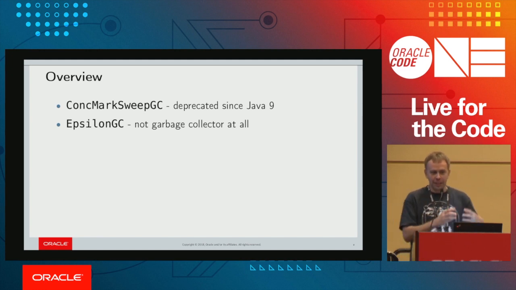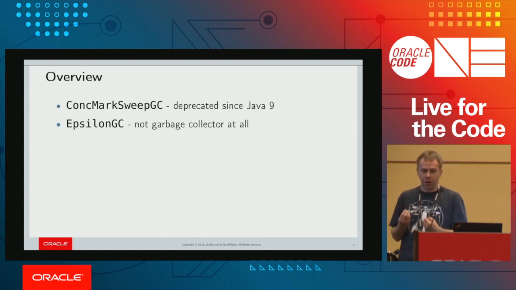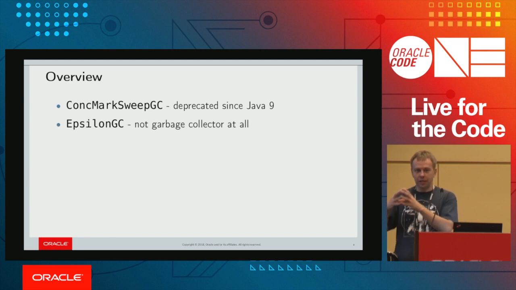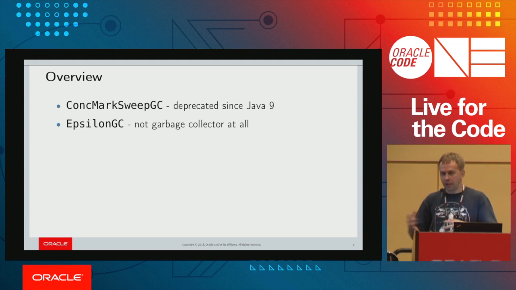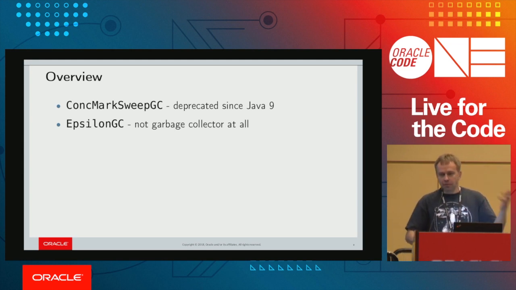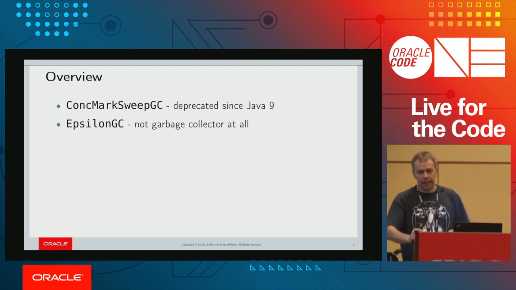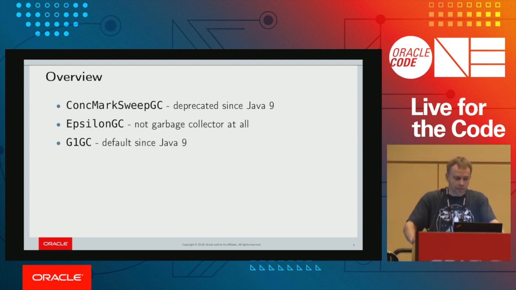In Java, the garbage collector helps you not only to collect garbage, but also to create garbage, because all allocation initially should pass through that system called the garbage collector. It's not a garbage collector, it's something more general: memory management. And Epsilon GC is an experimental thing which helps you to create garbage but can't help you to collect it.